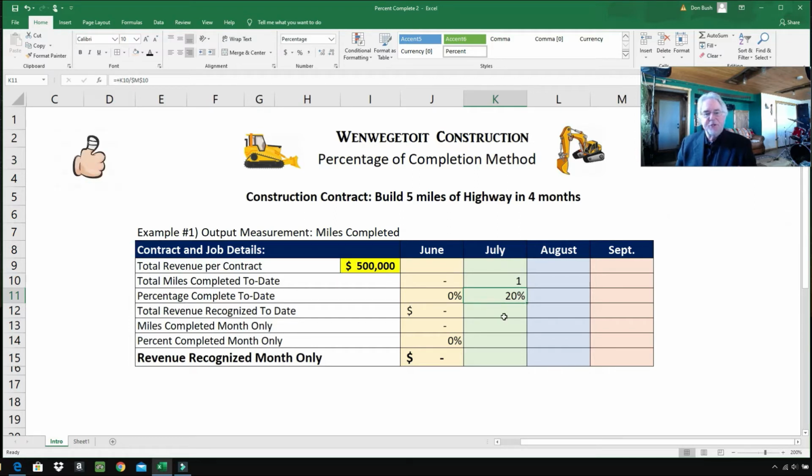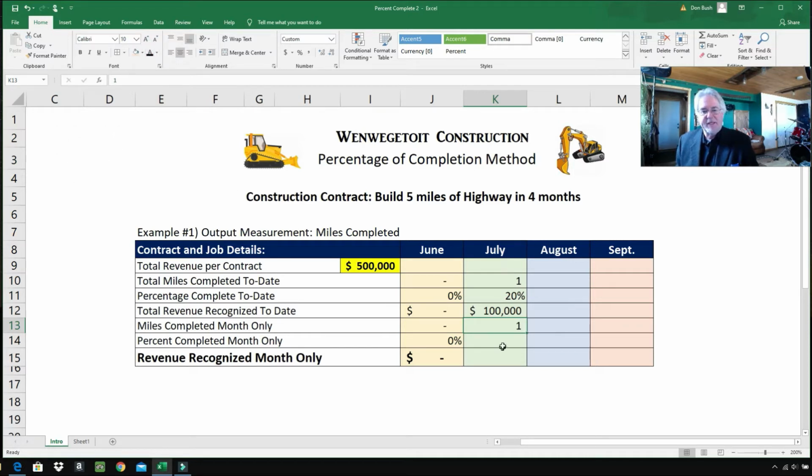And so the total revenue recognized to date is going to be 20% of the grand total revenue. So 20% of $500,000 is $100,000. Miles completed month only. Well, during the month of July, they completed 1 mile. During June, they didn't complete any miles at all.